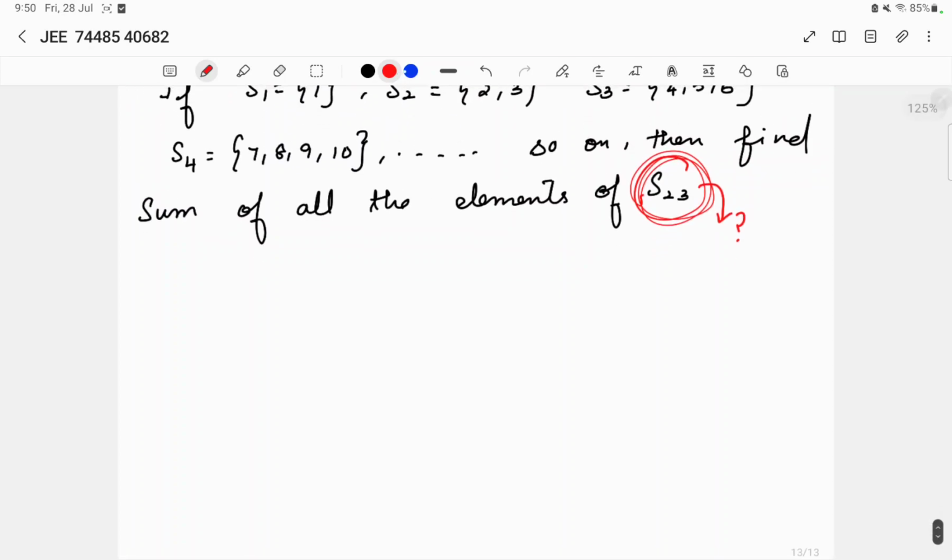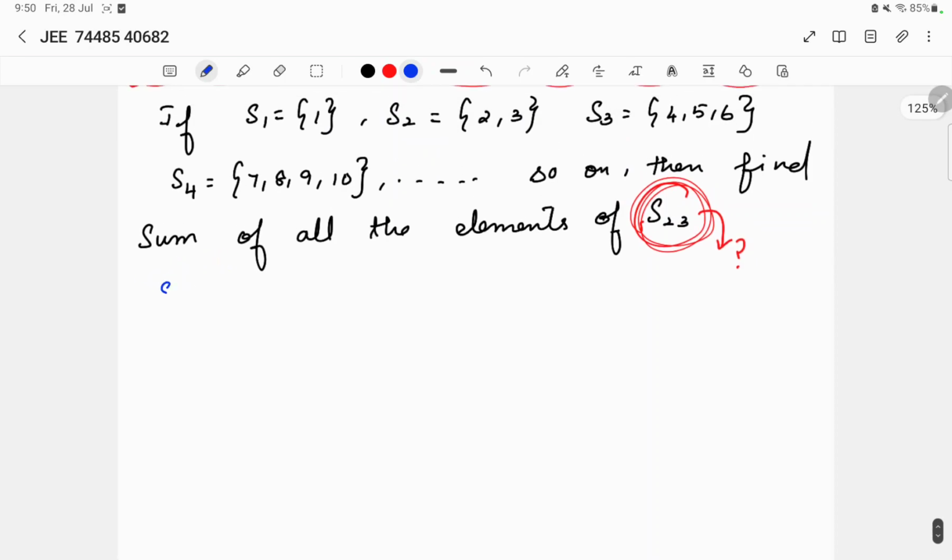Now if you compare this here, S1, I got this as 1. S2, after this 1, whatever number we have, we are starting from there: 2, 3. S3, after this 3, we are starting from here: 4, 5, 6. So like this it will keep on going.